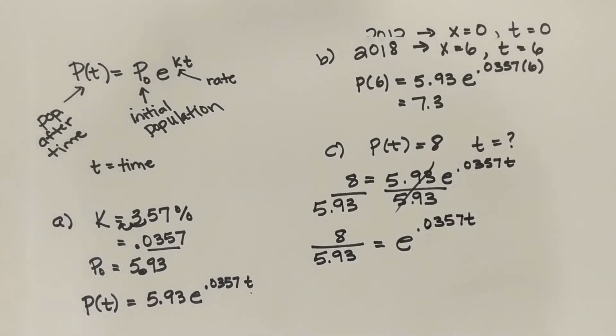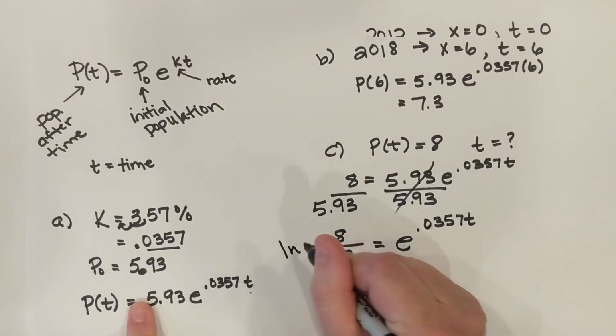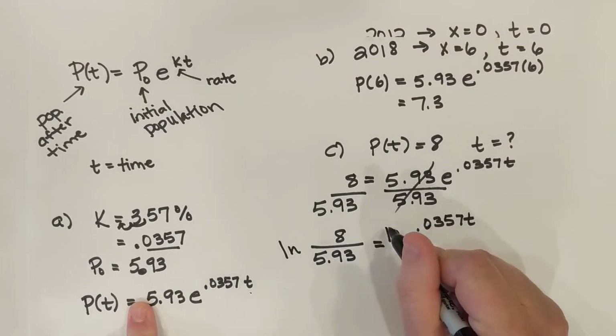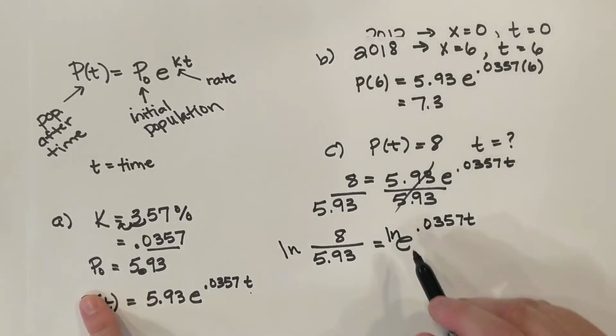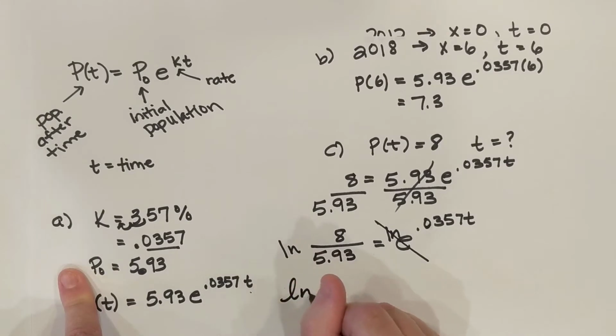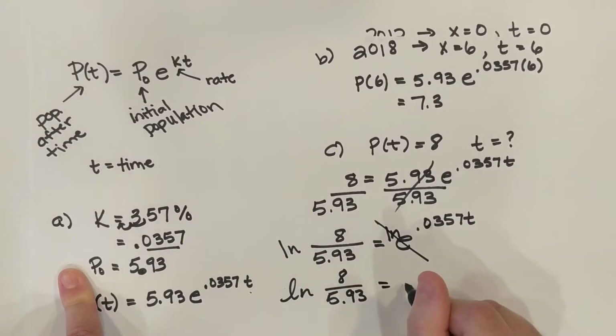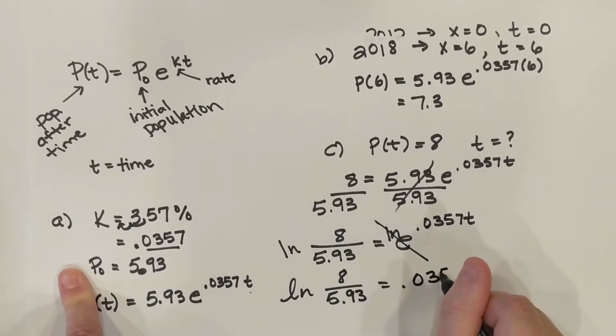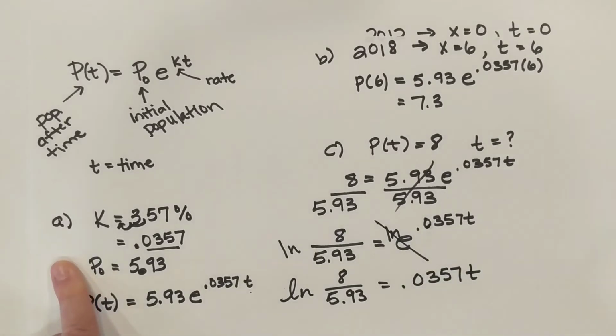All right, in order to bring this t down away from the exponent, I need to take the ln on both sides, natural log, which is the opposite of e, and what that'll do is cancel these two out. So I'll have ln of 8 over 5.93 equals 0.0357t. So you see now that that got rid of the exponent, got rid of this e.